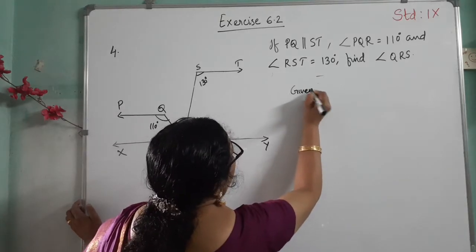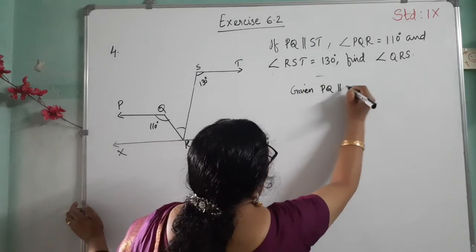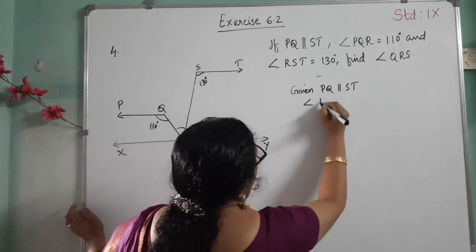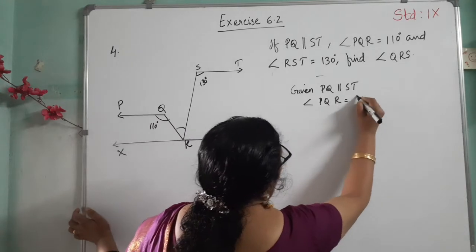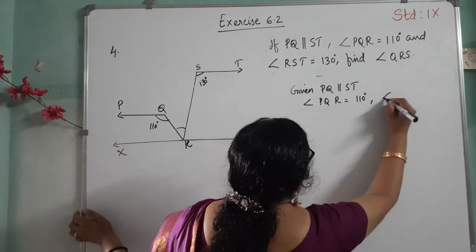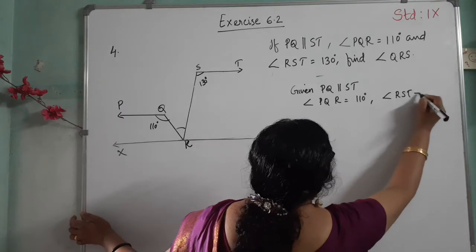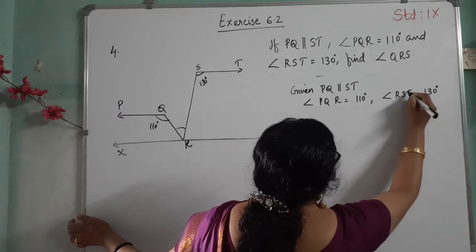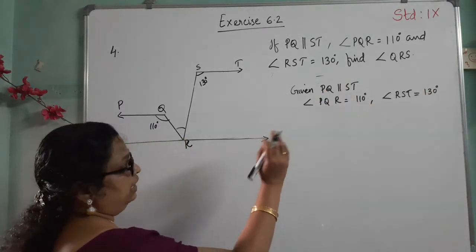Given PQ parallel to ST, angle PQR equals 110 degrees, angle RST equals 130 degrees. Whatever is given, you write first.